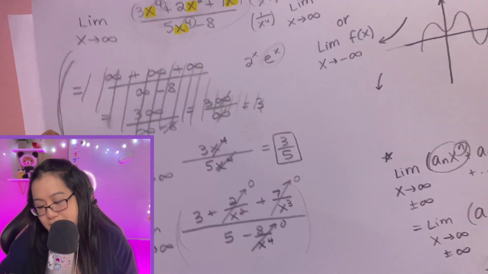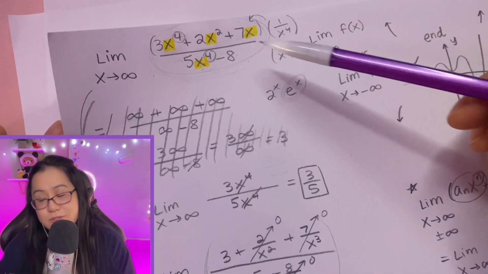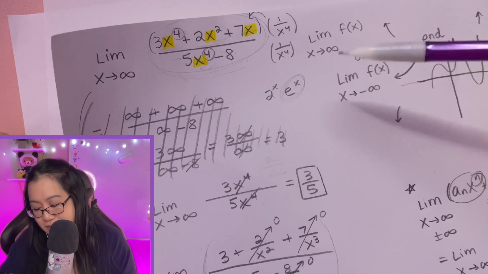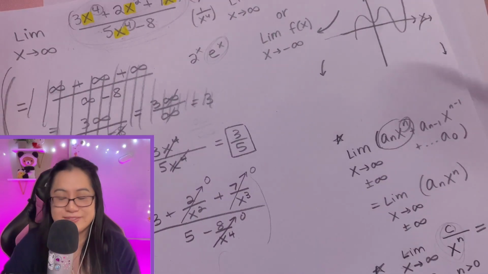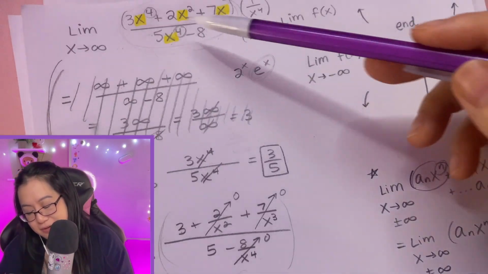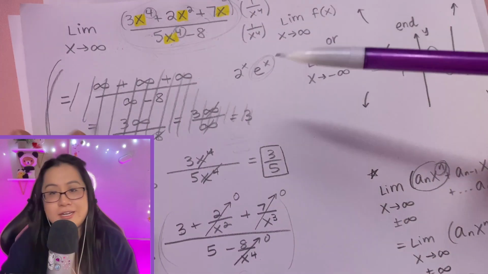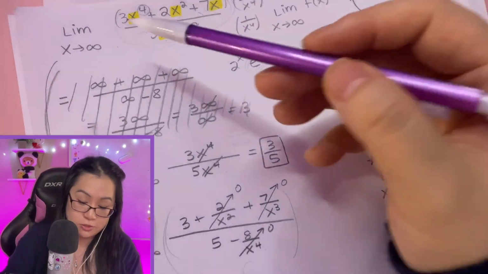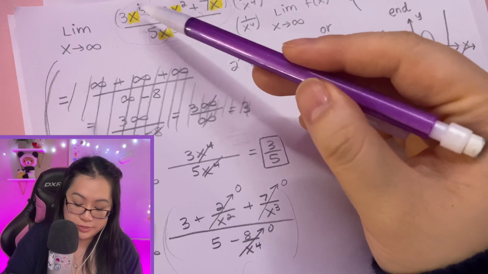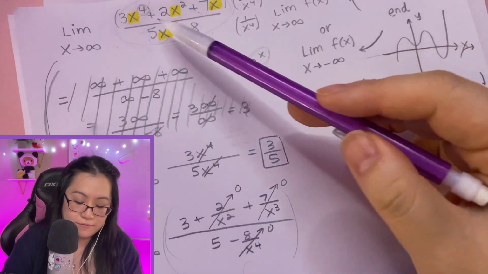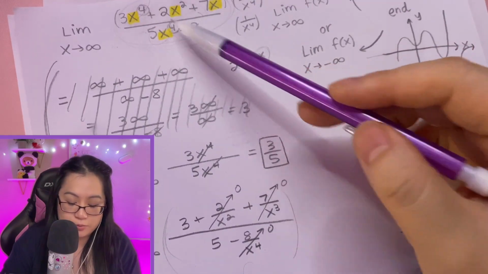So I hope that this is a helpful first look. It's definitely not a lecture, this was so scuffed, but I hope that we answered this question here. Again, if you're doing it very quickly, just go pop, those two are the largest, so we have 3/5. If they have different degrees, cancel out whichever one.